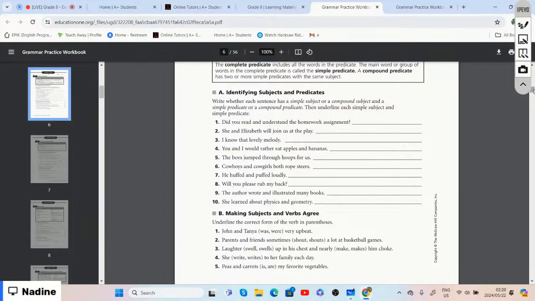So we need to write for each sentence if it's a simple subject or a compound subject, simple predicate or compound predicate. Then underline each simple subject and simple predicate. So, did you read and understand the homework assignment?